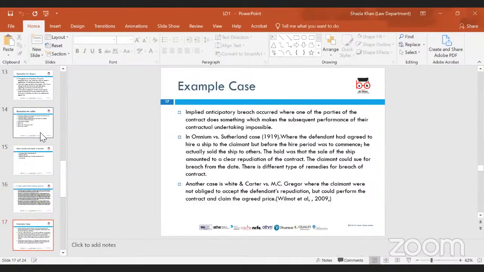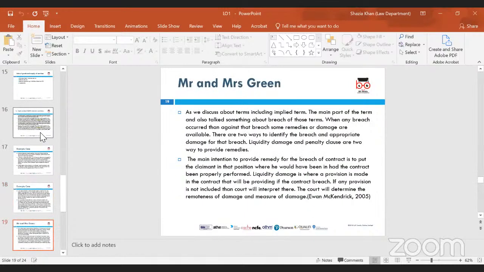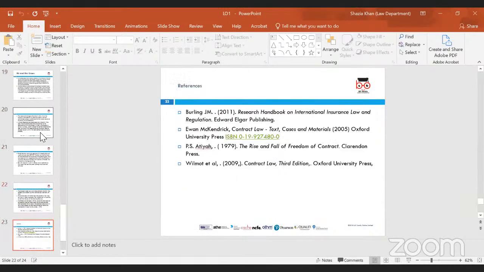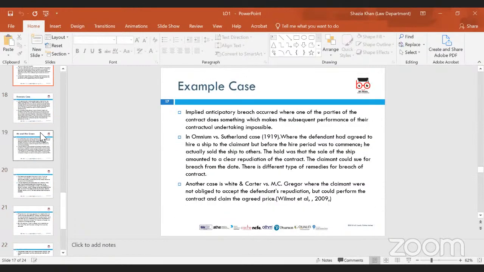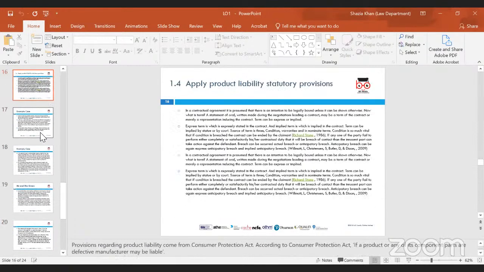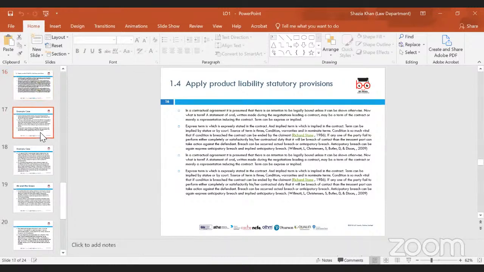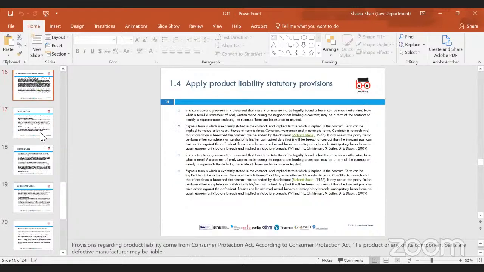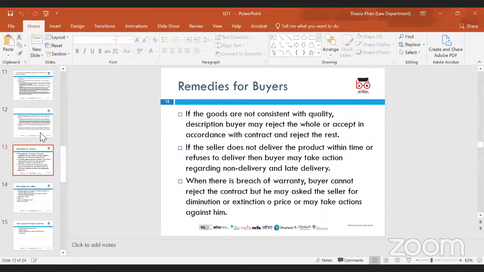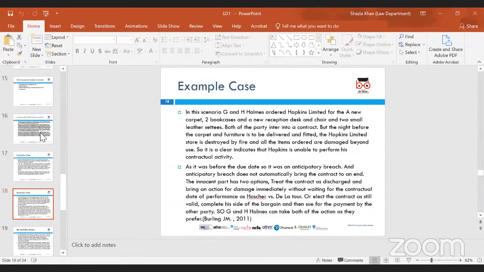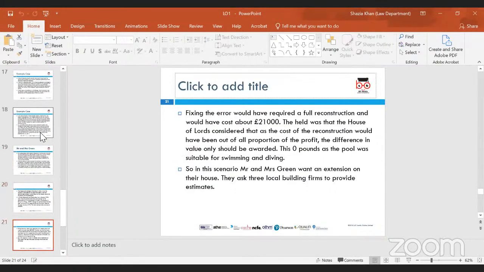Now, to get a merit, we need to look at 1M4, and this would be 1M4. It should be here. Maybe it's on the other side. Let's have a look.